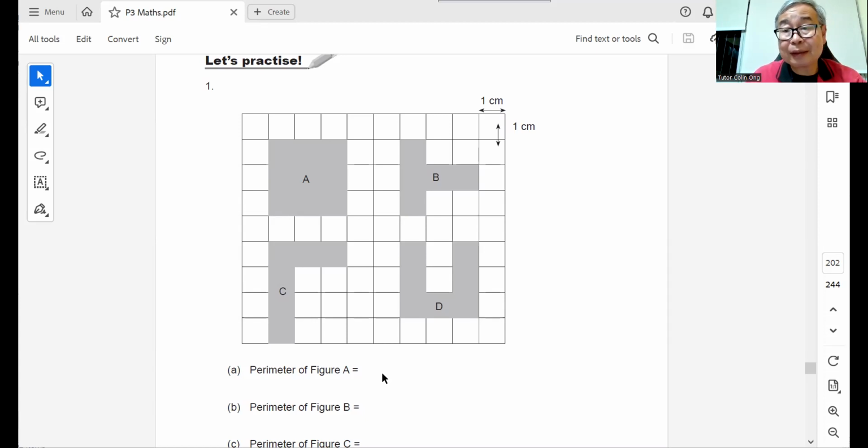Figure A. All right? So figure A, I would use a tick this way.